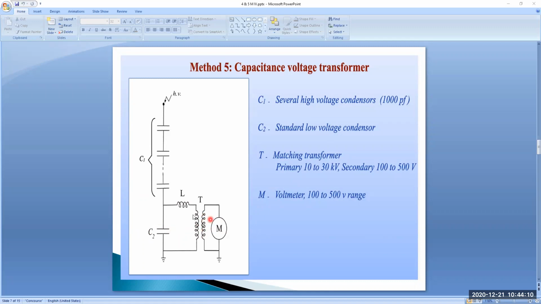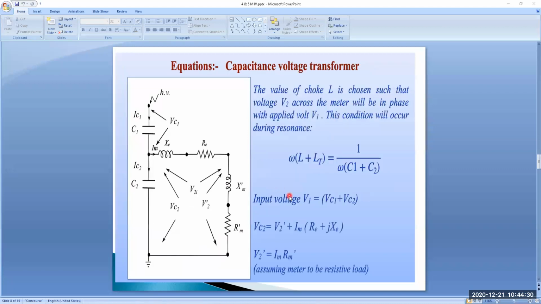By adjusting the inductive choke coil, we maintain resonance. So the voltage across C2 is in phase with the secondary of the matching transformer, which means it is resistive in nature. Because of that, the V2 voltmeter voltage and the capacitance C2 voltage are both in phase. That is our main concept. By adjusting the inductance, we measure impulse voltage like this. It's clear. So this is a phasor circuit diagram.